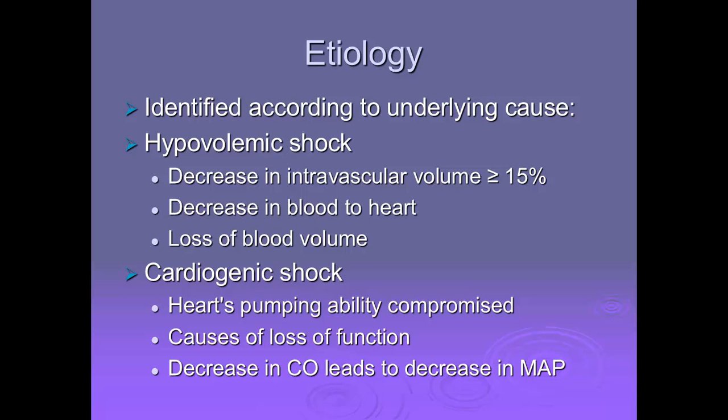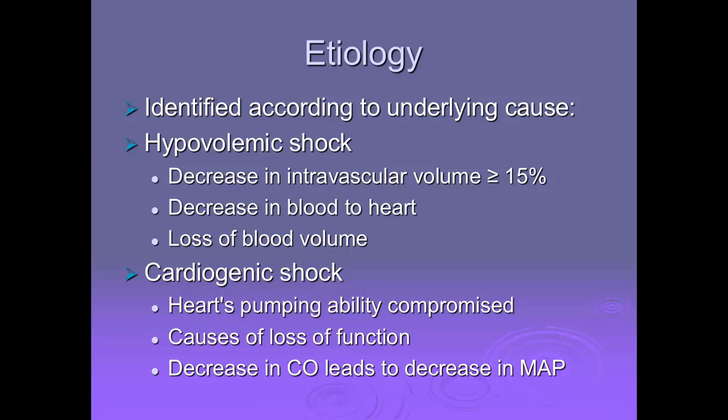Looking at the etiology, it is identified according to the underlying cause, and so basically there are different types of shock. Hypovolemic shock is going to be the most common type of shock. It is characterized by a decrease in intravascular volume of greater than or equal to 15% that is lost.